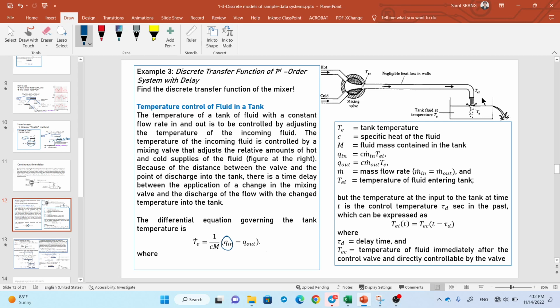Well, you may find this formulation is not exactly the same as what you have learned before. Actually, here they use absolute terms, so it means two ways. You can use absolute value of heat with respect to absolute temperature, or you can define this temperature with respect to some reference.